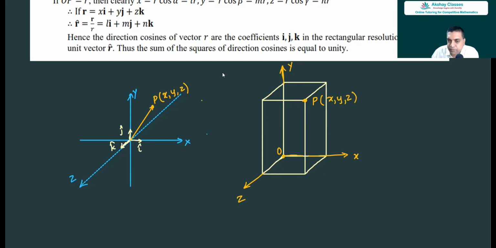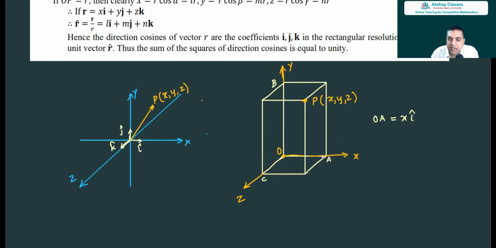So now, if P has the coordinates x, comma y, comma z geometrically, this is the x distance, right? This is, let's say, OA, OB, and OC. OA will be x times I cap. The unit vector along the x direction is I cap.